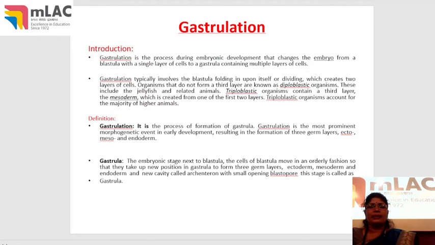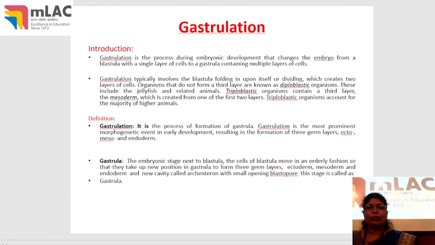Gastrula is a second stage, as I said. In some organisms, the gastrula may be diploblastic, meaning it has only two layers. In some, it may be triploblastic, with three germ layers: ectoderm, endoderm and mesoderm.